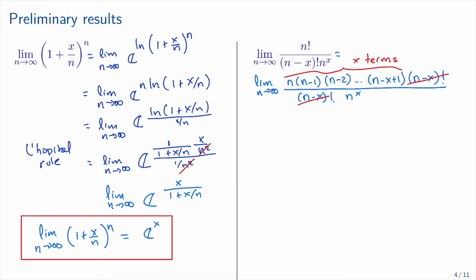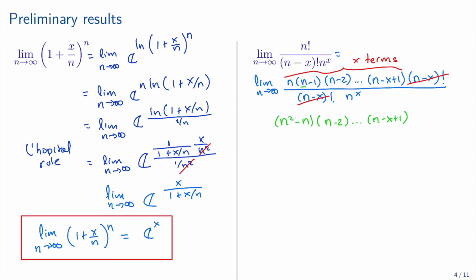So if I start by multiplying the first two terms, I have n multiplied by n is n squared, and multiplied by negative 1 is minus n. These are the first two terms, multiplied by n minus 2 up to n minus x plus 1. So then next we have to multiply these two terms.